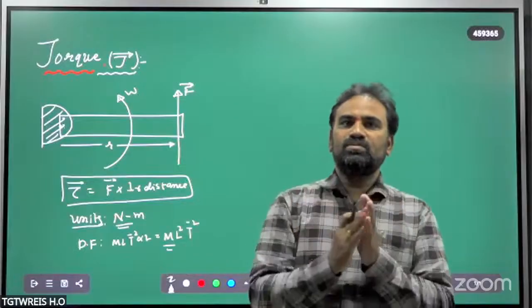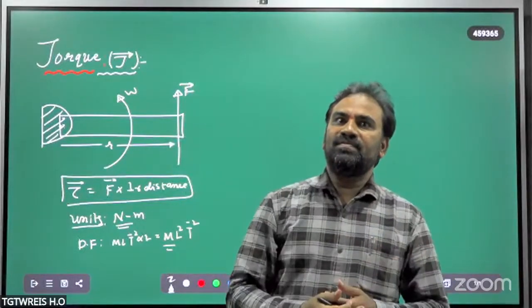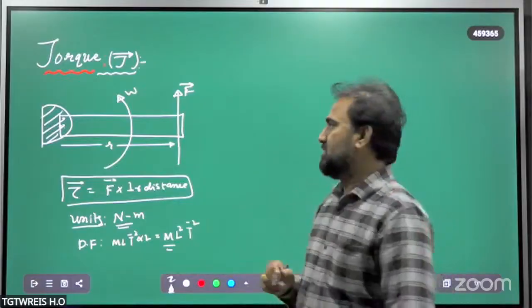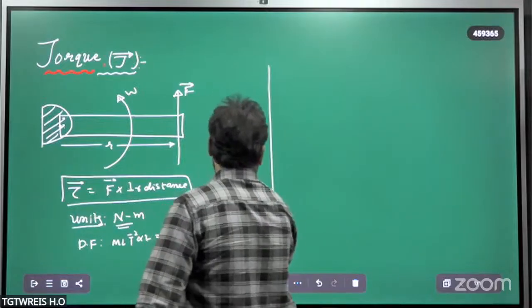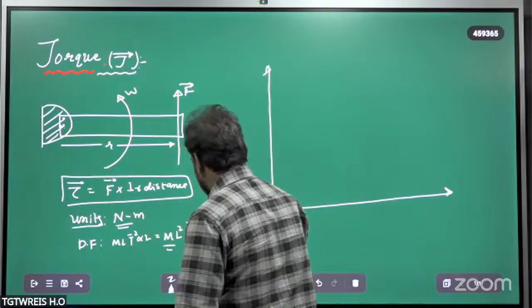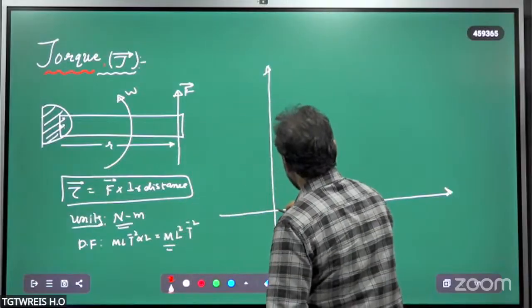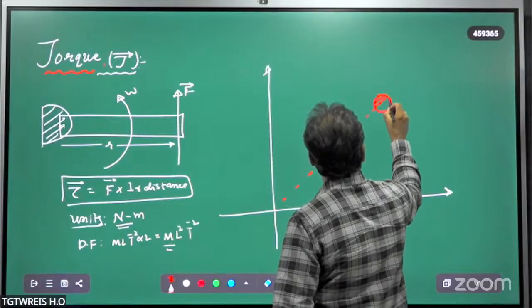Suppose in a two-dimensional system a particle is moving. How can we define the torque about a reference point? Consider a two-dimensional system, and a particle at a distance of r from the origin.